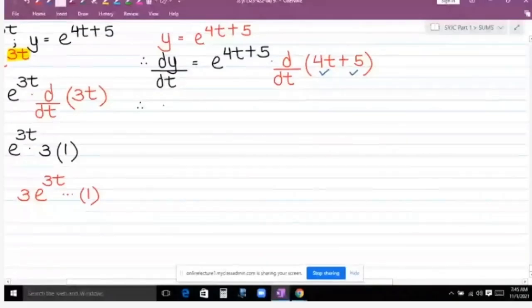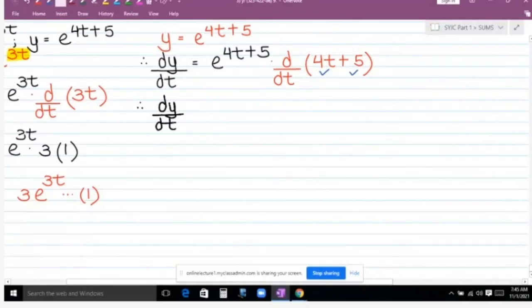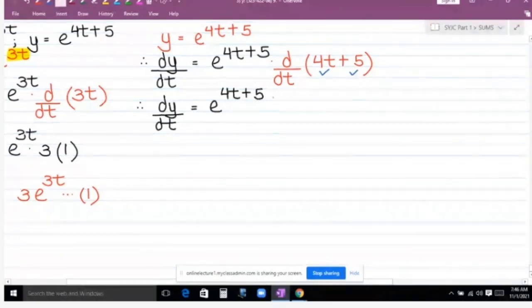You will get your answer to be, therefore, dy upon dt, which is equal to e raised to 4t plus 5, and now you can start with the differentiation. 4 is a constant, take it outside.